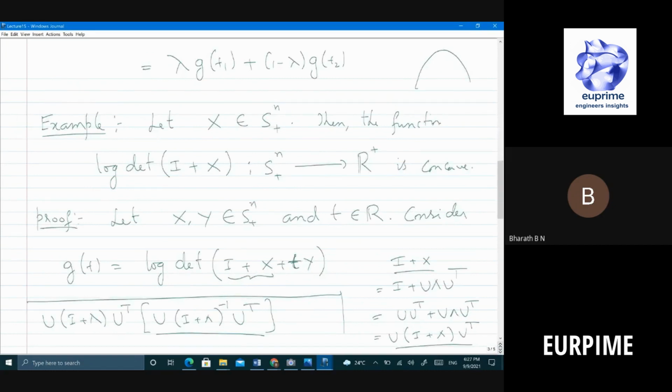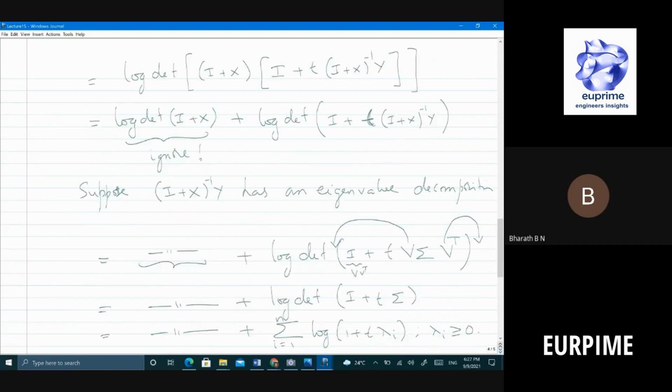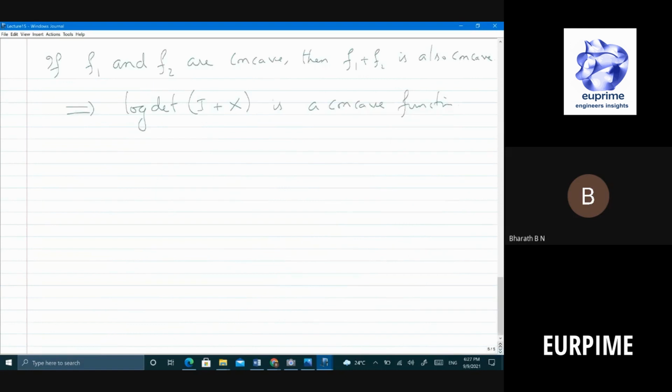One way was we took identity plus as common, and then t times y times (identity plus x) whole inverse is what we got, and then we assumed that this is decomposable, and therefore we proceeded and got this. Is that fine?